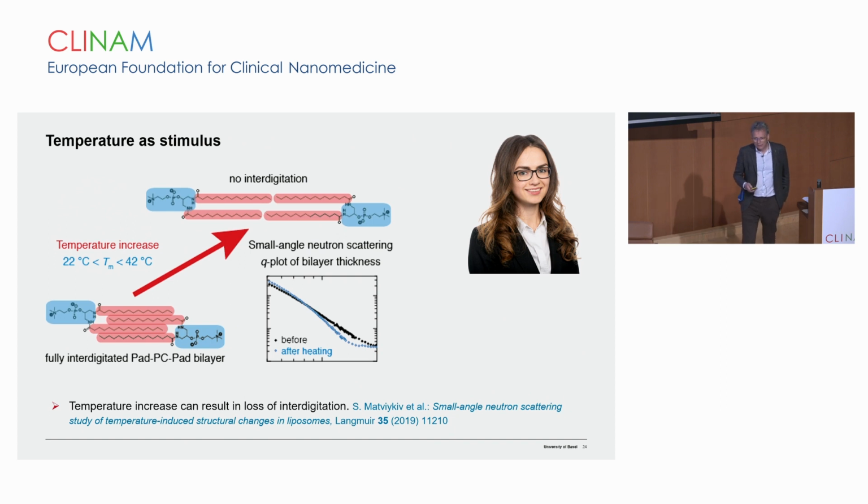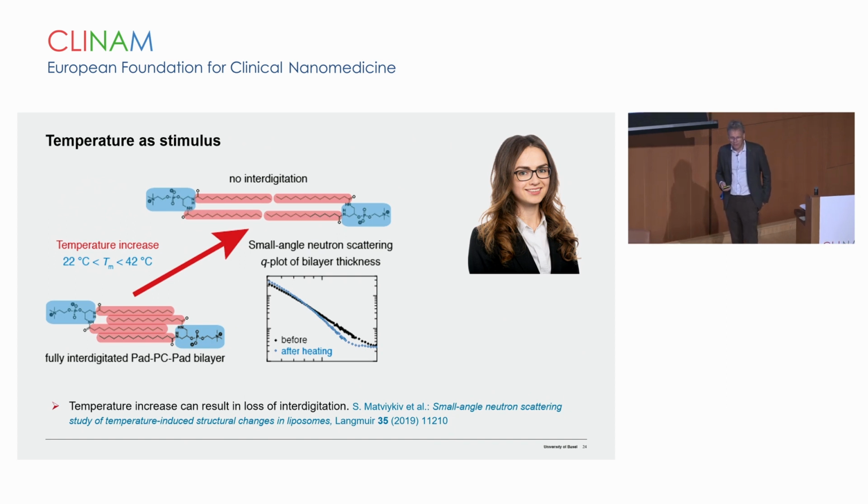And here you see that the temperature can be used as a stimulus. You see here Sophia, who is working in industry here in Basel now, and the temperature increase can result in the loss of interdigitation. We can also use other stimuli, as had been demonstrated by other researchers. For example, ultrasound is also something that can be used here.